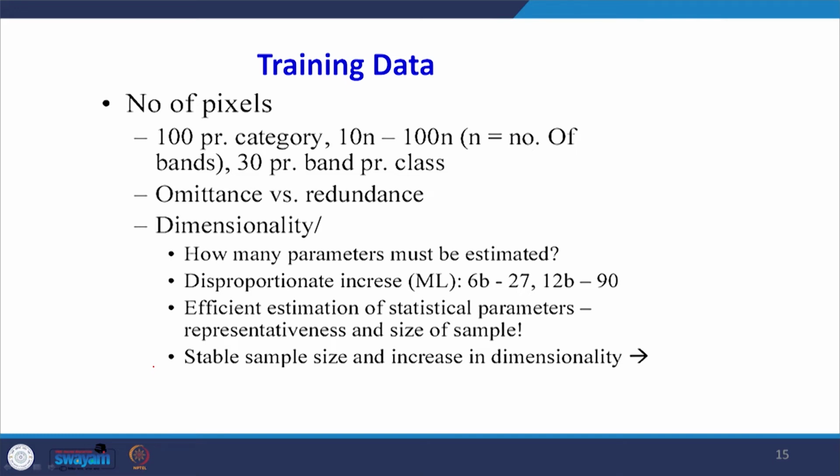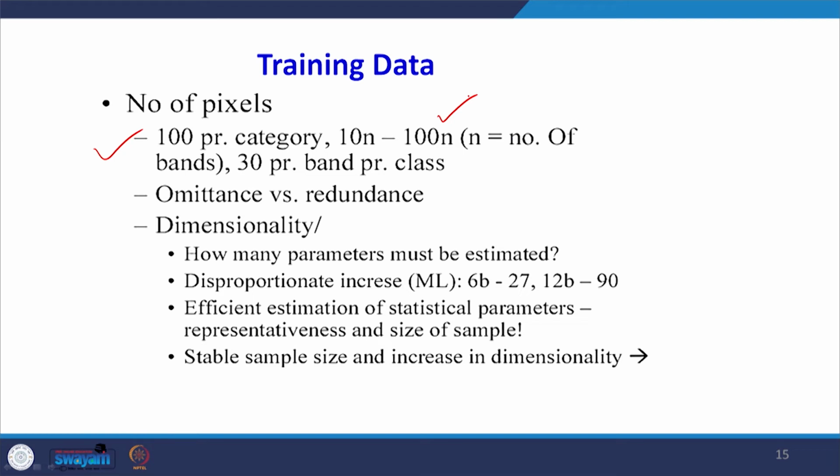One says there should be 10n to 100n samples per category, where n is the number of bands. If I take, let us say, 3-band data for classification, the 10n minimum is 30. So 30 training samples per class are required. That is what the literature says, but there are differing opinions about that.